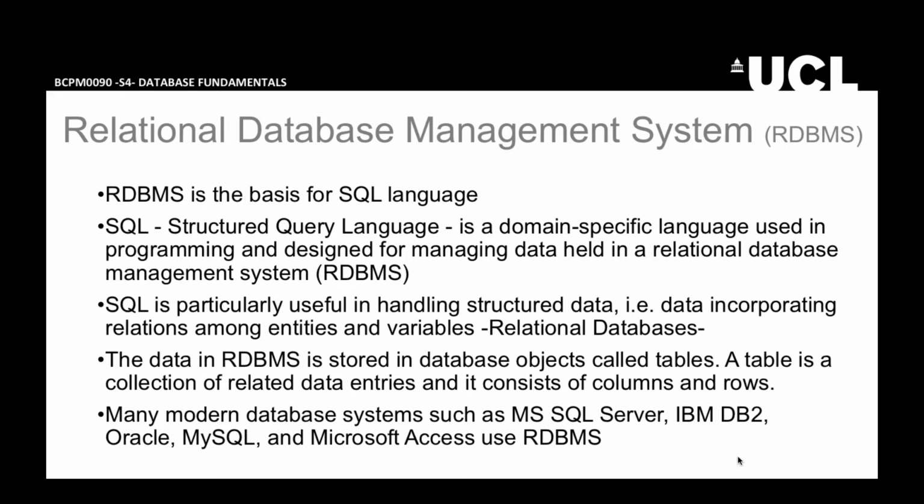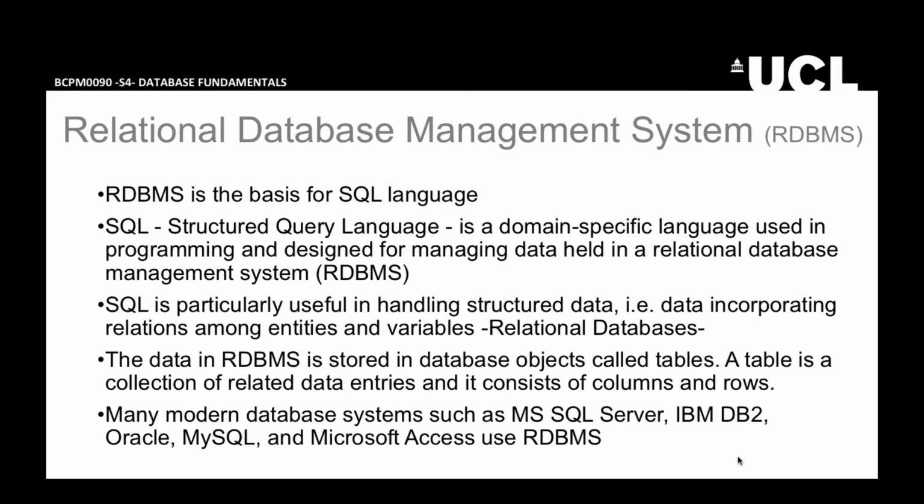The Relational Database Management System is the basis for the SQL language, the Structured Query Language, which is a specific language used in programming for managing data which is held in relational databases. SQL is particularly useful to handle structured data. It means data which reflects relationships between different entities and variables. Basically, the kind of data that we find in relational databases.